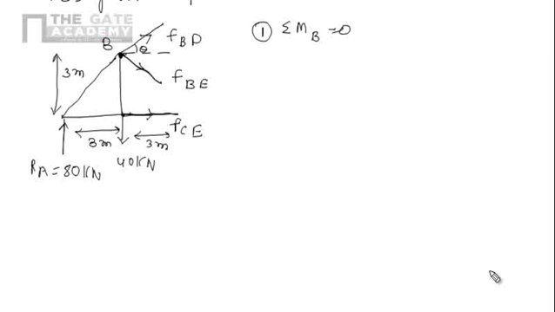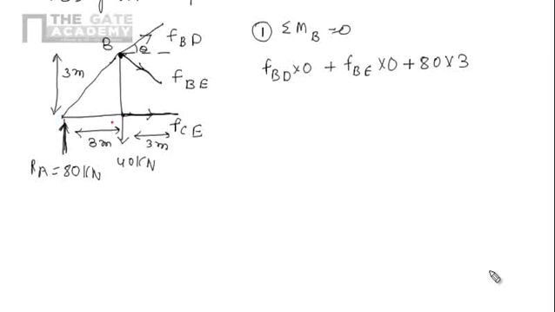So we can say that moment will be 0. So I can write like FBD into 0 plus FBE into 0. Now take the other forces. Due to 80 kilonewton, moment at B will be 80 kilonewton and this perpendicular distance. So I can write 80 into 3 perpendicular distance and nature is in clockwise direction. So according to our sign convention, it is positive.